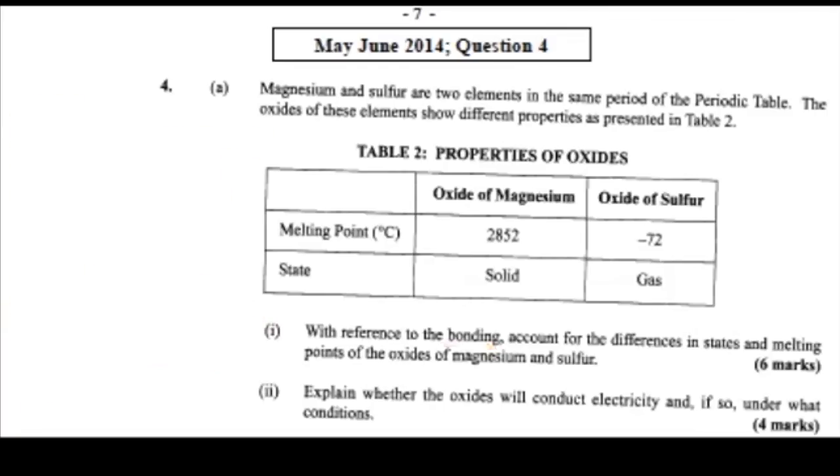Now, on the other hand, the oxides of sulfur contain covalent bonds. But for it to have such a low melting point, we're not talking about the covalent bond between the sulfur and the oxygen itself.